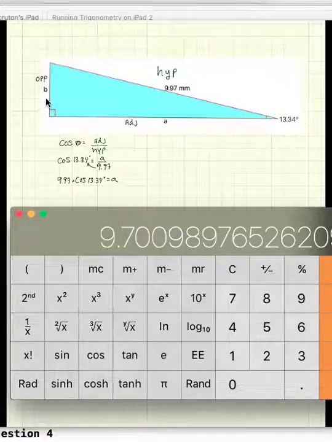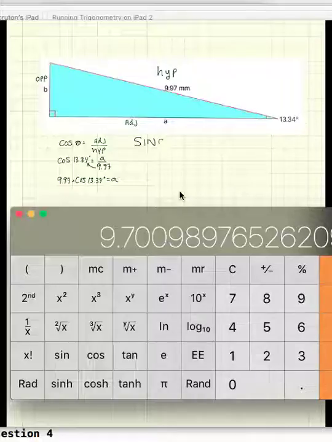Okay, for the B side, it's the opposite, and we're given the hypotenuse. Opposite over hypotenuse is the sine ratio. So I'm going to use the sine ratio. So sine of theta is the opposite divided by the hypotenuse. Fill in what we know.